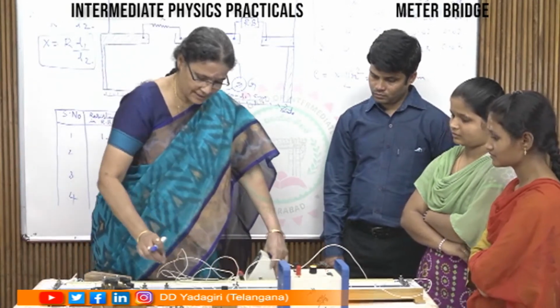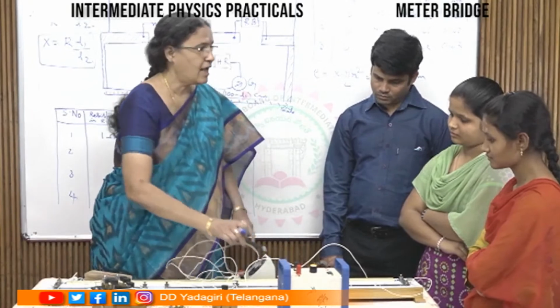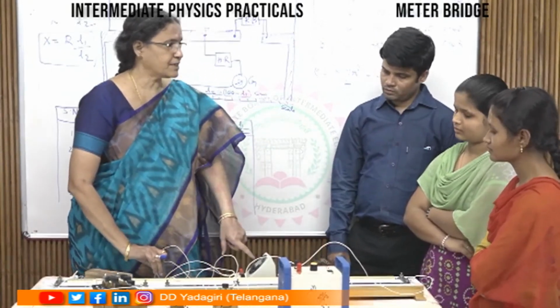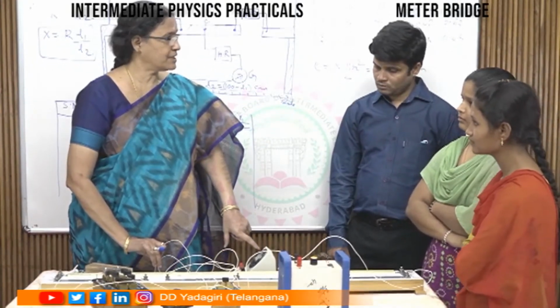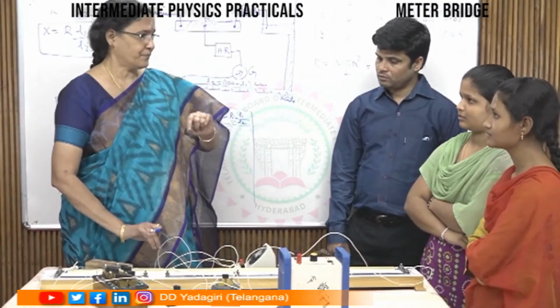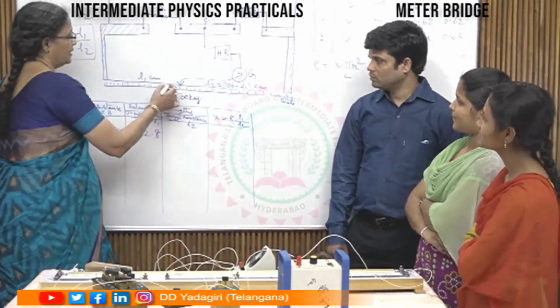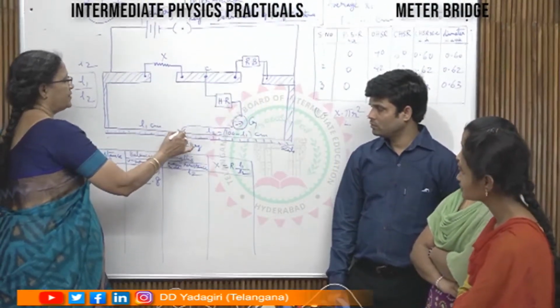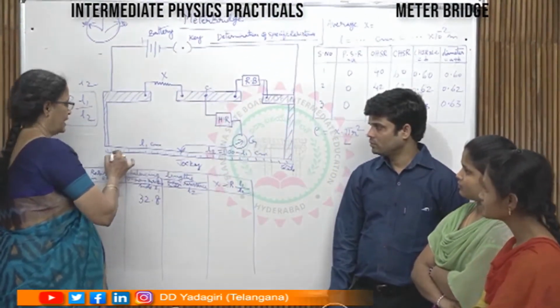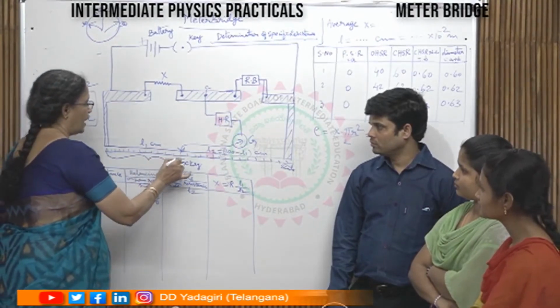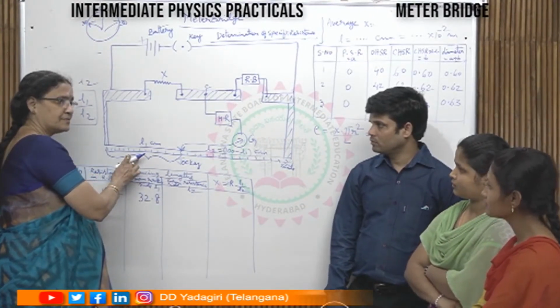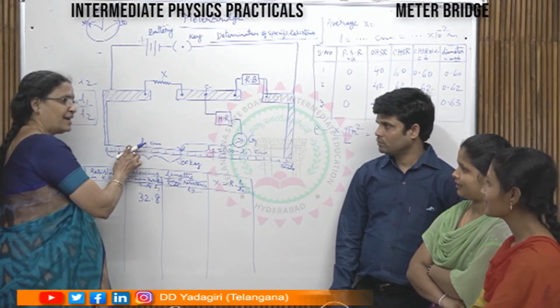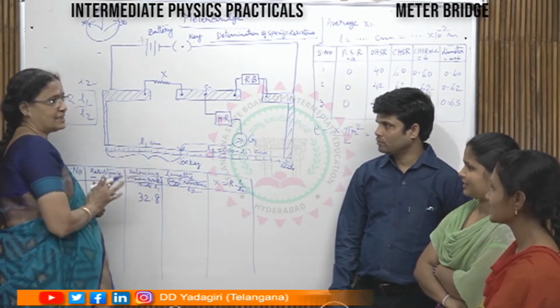So if I go on checking, at one point, what deflection am I getting in the galvanometer? Zero deflection. From the starting point A to this point where I'm getting zero deflection, this reading I'm taking as L1 centimeters.